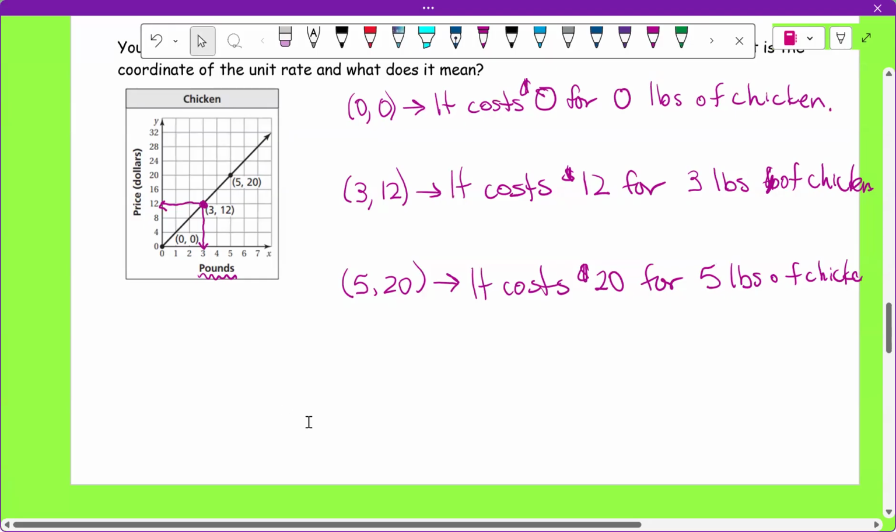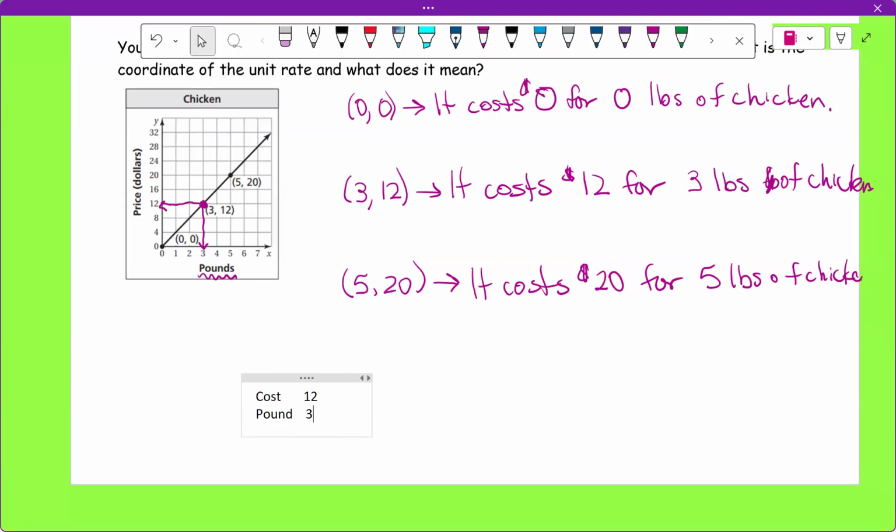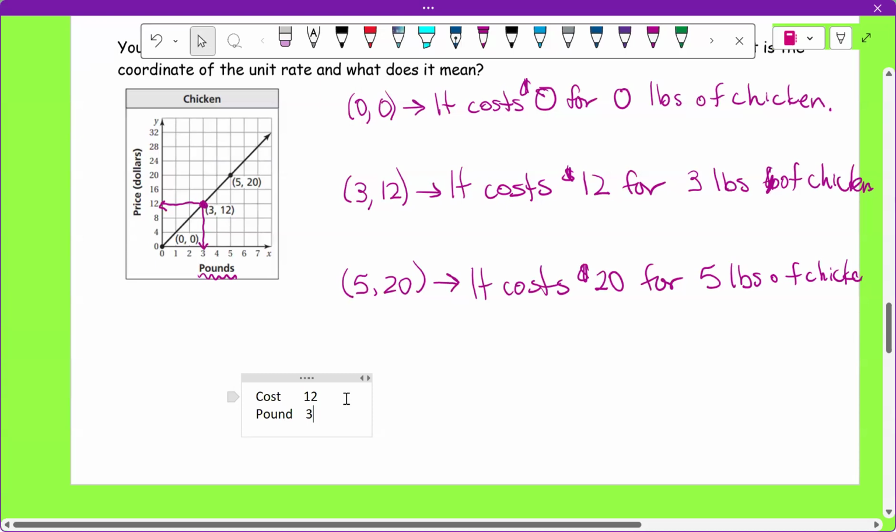So we have cost per pound. And we could write out our ratio, right? So we have cost 12 per pound. There should be a line in between those two. And if we divide both by 3, we'll see that we have 4 to 1.